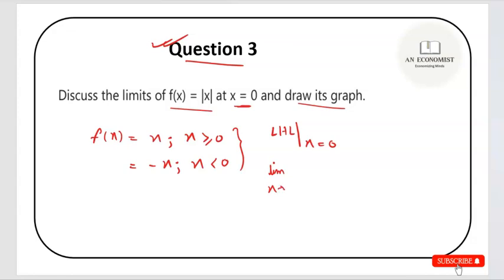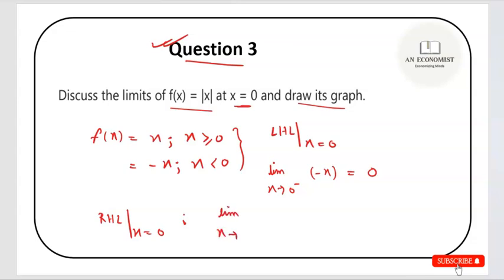Limit x tending to 0 minus f(x). Now from the left hand side the value is -x, so put -x here. What will be the value? Put 0 instead of x, so you will get 0. Now the right hand limit at the point x = 0 will again give you 0.